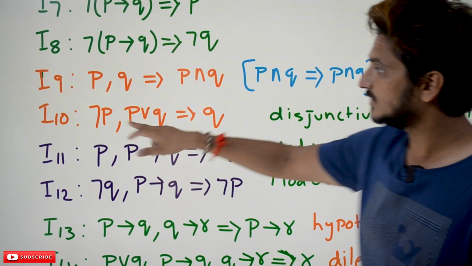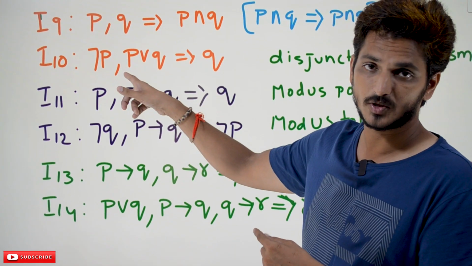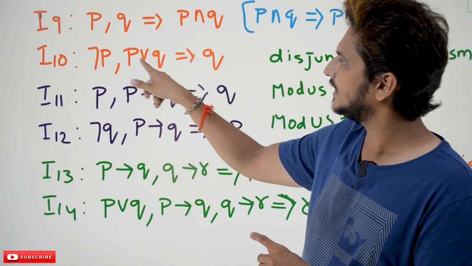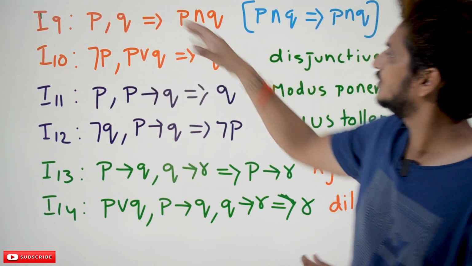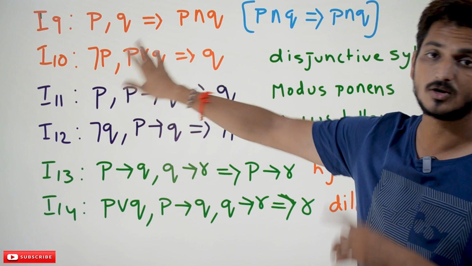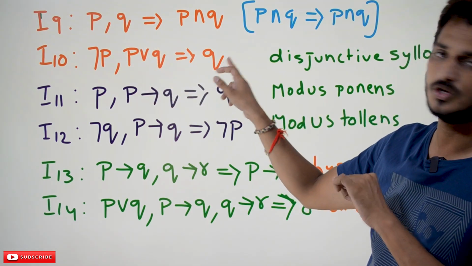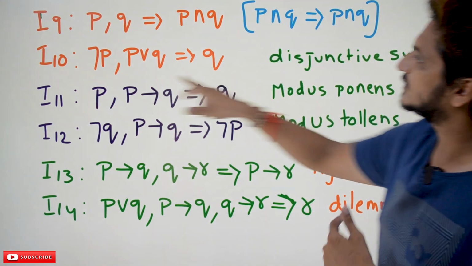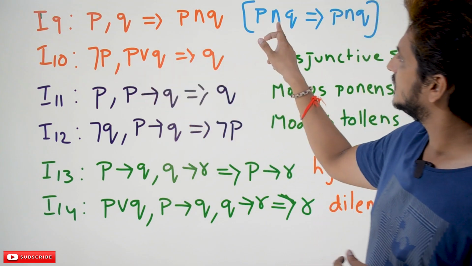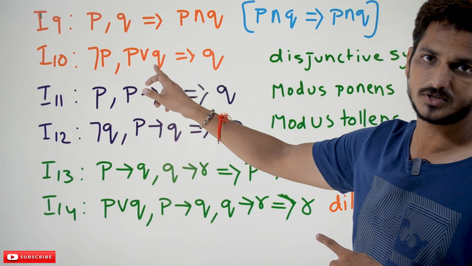So the next one, the 10th one, similarly, here it has provided two propositions: negation P, P disjunction Q. If these two propositions are true, then you can say that these two propositions tautologically imply Q. Meaning, if you write it in this equation, negation P conjunction, what is the second proposition?